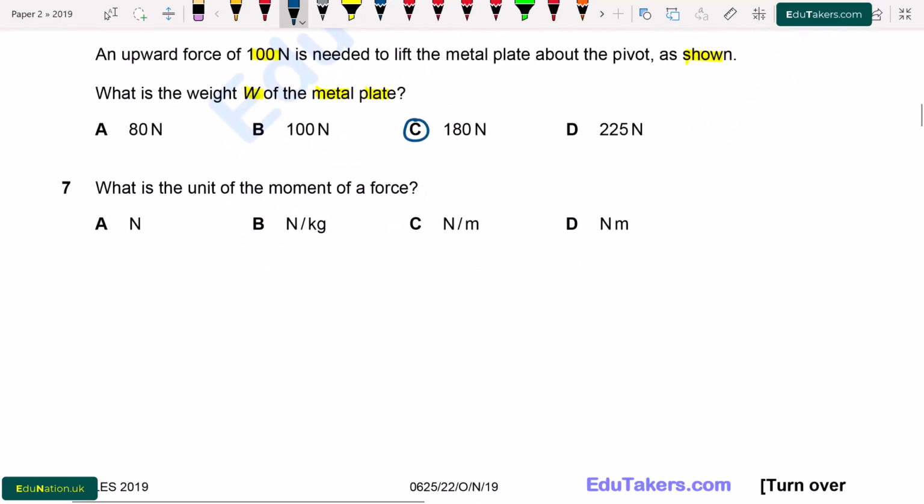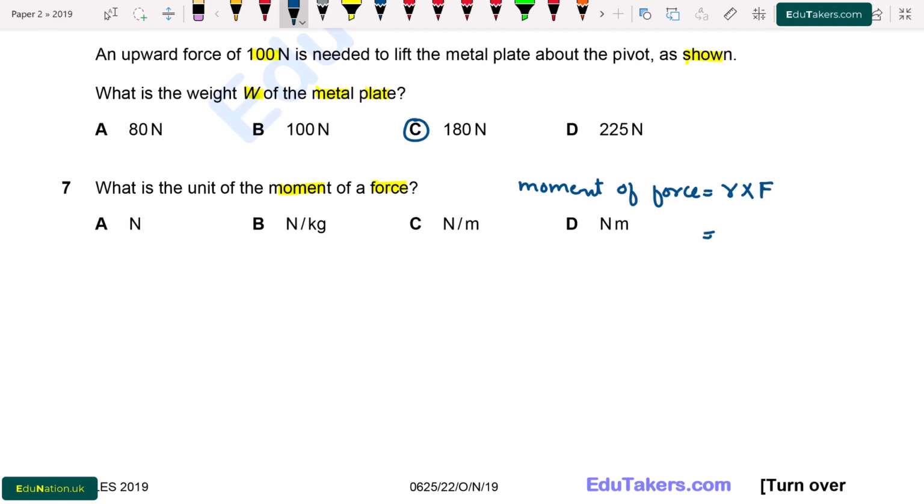Question number 7. What is the unit of the moment of a force? Moment of force is basically the product of force and the perpendicular distance from the pivot point. I write here, moment of force is equal to r, which is the distance, multiplied by the force.